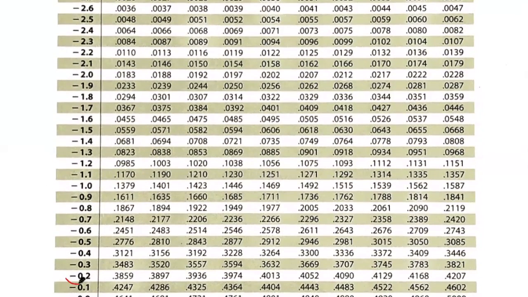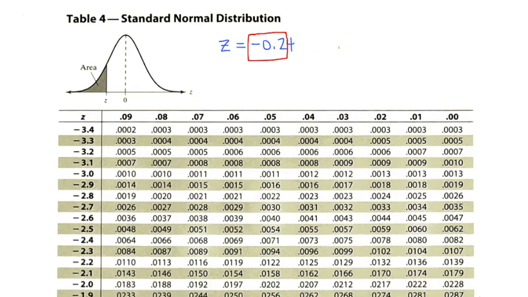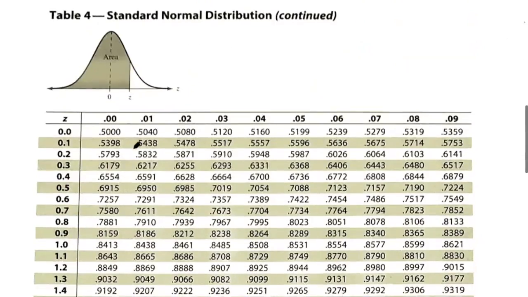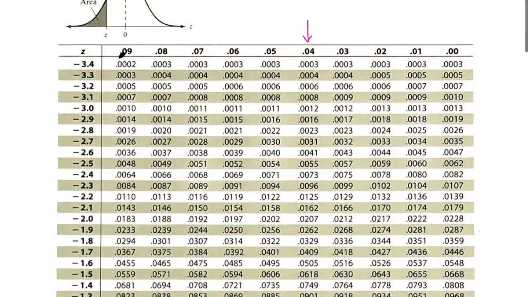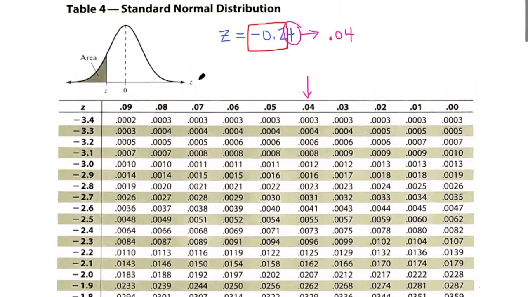Here's the row where I find negative 0.2, and then I need to look at my last digit, which is a 4, and it's in the hundredths place, so it's 0.04. The one thing you'll want to notice is that it goes backwards. In the negative chart, the first column is labeled 0.09. In the positive chart, the first column is labeled 0.00. So always make sure you're reading your headings carefully for the chart that you're on.